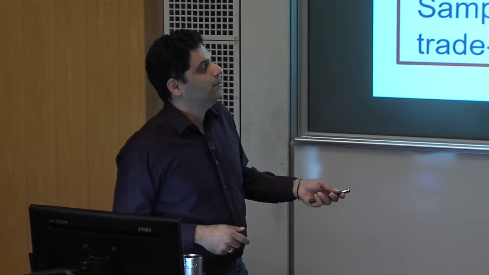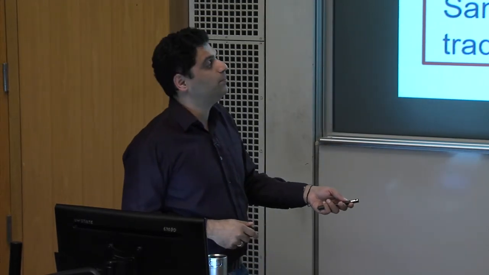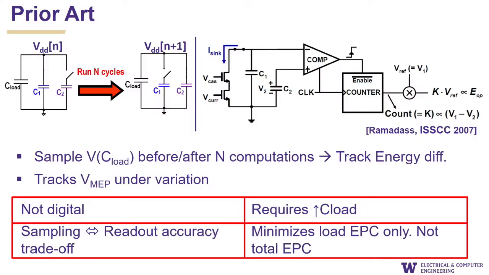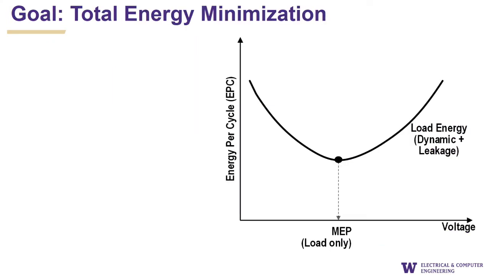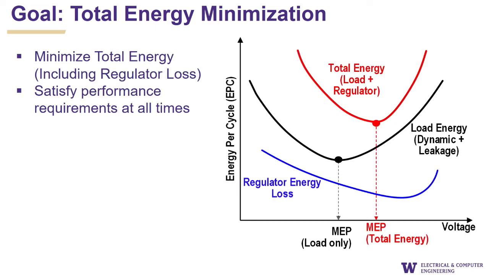And finally, and crucially, this work minimizes only the energy dissipation in the actual load circuit. It doesn't actually minimize the total energy dissipation. And that's really what we're after. We're after figuring out how to get the total system to dissipate as little energy as possible. And for that, you have to include not only the minimum energy point of one circuit, but the minimum energy point of all the circuits that are in your system, and include any regulator losses.